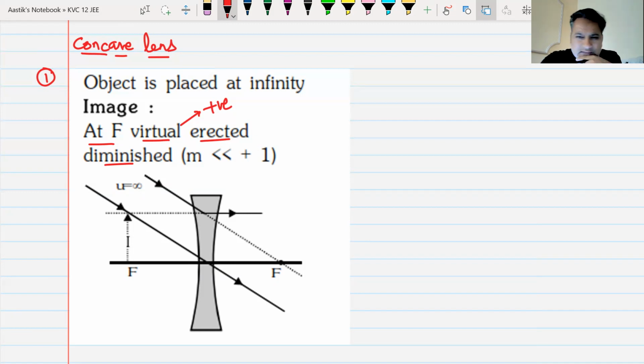On which focus is this image going to come? First principal focus or second principal focus? Second, sir. Second principal focus, that is correct. Note it down. Once you are done, please let me know.